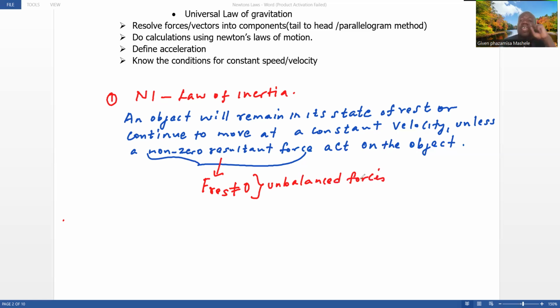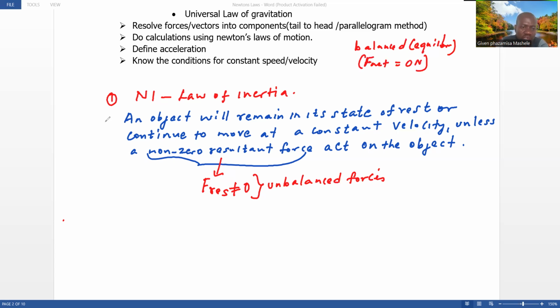Remember, forces that are balanced are in equilibrium, which means the net force on that object is zero.